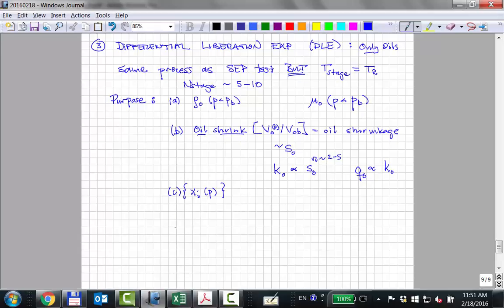Likewise, you want to know the same for the gas. And it's not less than or equal to, because at the bubble point we have an infinitesimal amount of gas, and when it's infinitesimal, we don't care what the viscosity is. So it's below the bubble point, the gas properties.